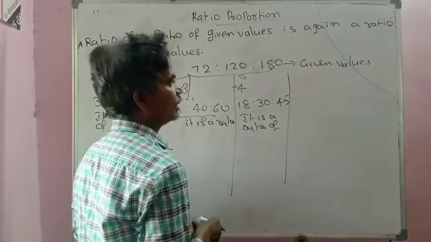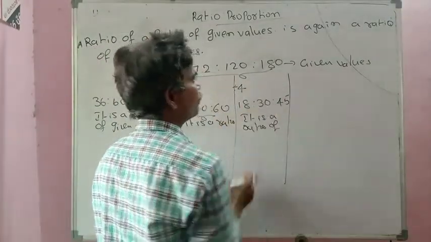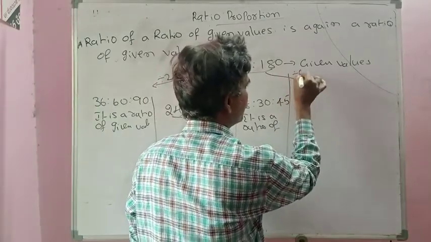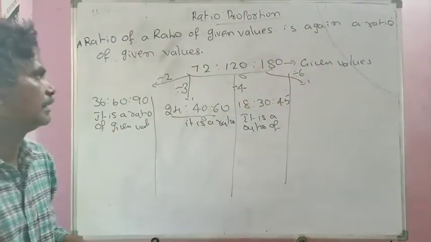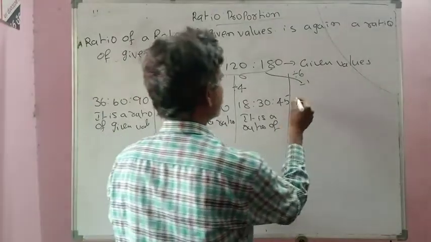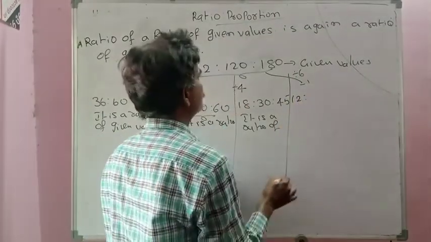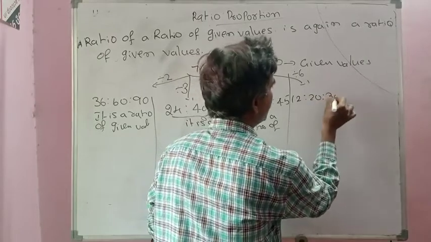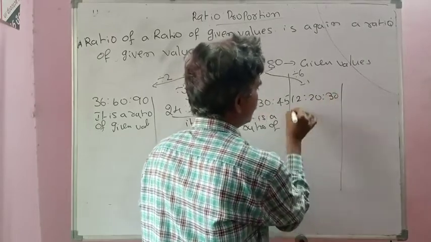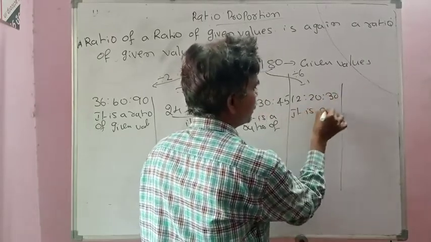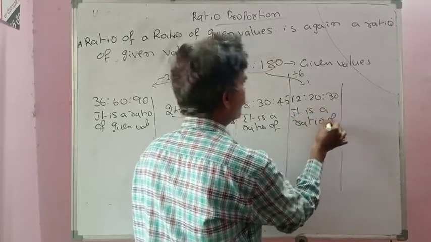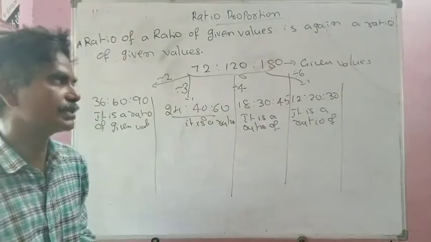And let us find out another ratio of these values. For that, let us divide these values by 6. Then we will get 12 is to 20 is to 30. It is a ratio of given values.